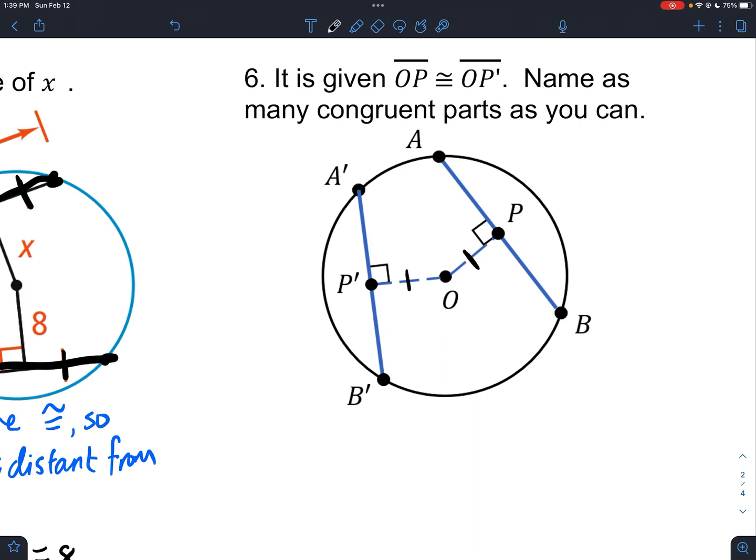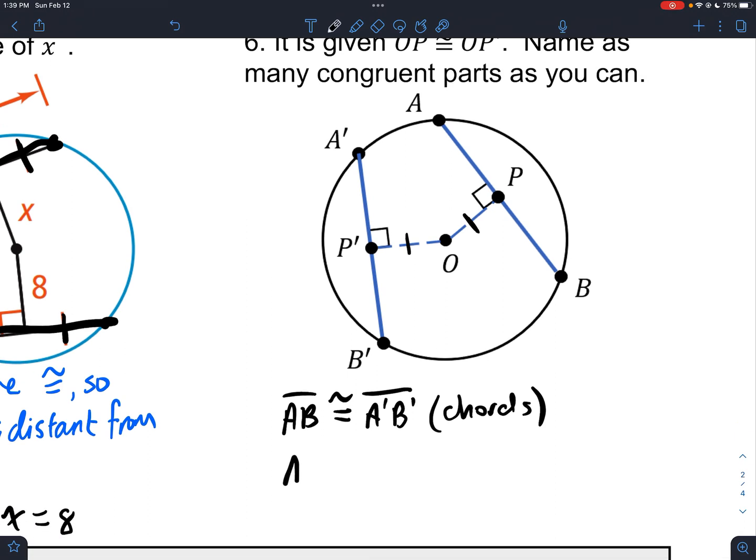So we have OP and OP prime are congruent. What does that mean? Well, what we just learned is that AB and A prime B prime are congruent. Those are chords. That's the equidistant chord theorem. They are the same distance away from the center, so they are the same. Okay? And remember, if you have one, you have them all. If the chords are equal, the arcs are equal.